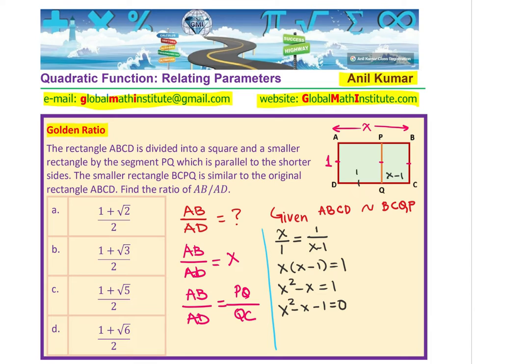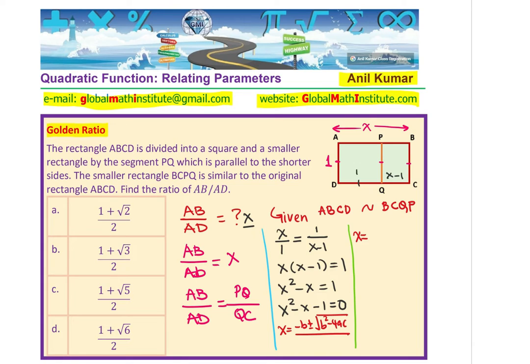So basically, AB over AD is actually equal to X. We need to find what X is from this particular quadratic equation. So now we can apply the quadratic formula. X equals minus B plus minus square root of B squared minus 4AC over 2A.